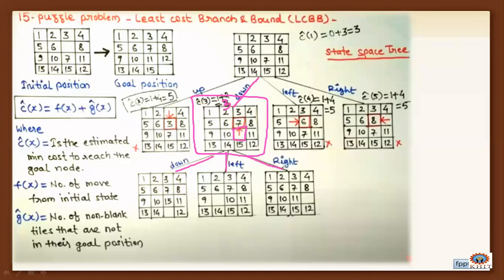So if you move from this matrix in the second iteration, there is no possibility of going up. So the possible ways are either go down, go left, or go right.